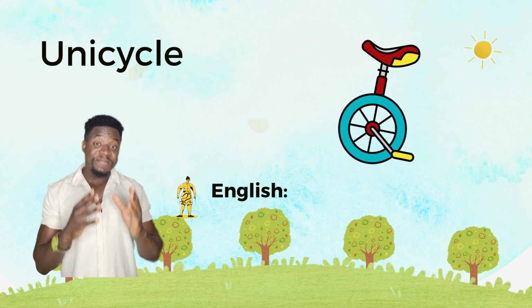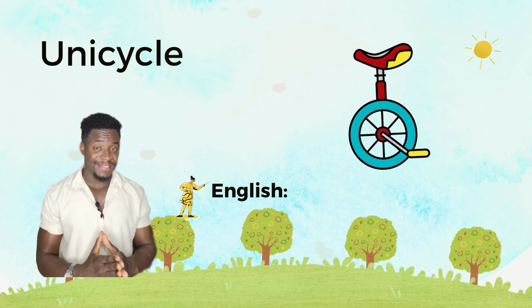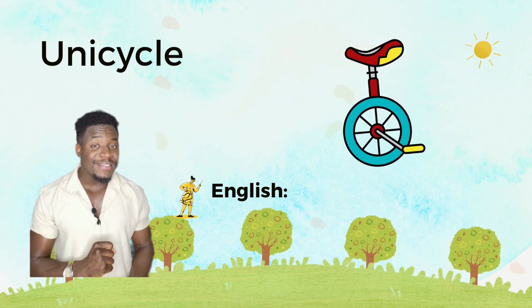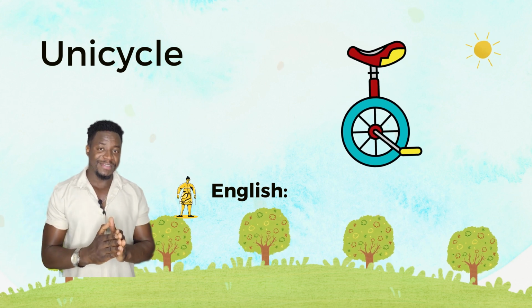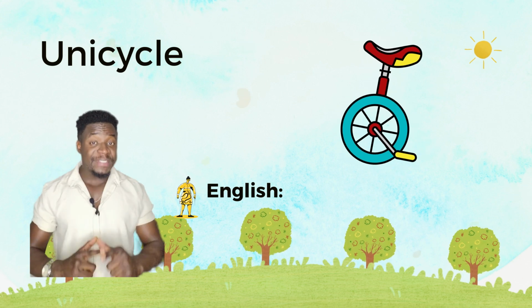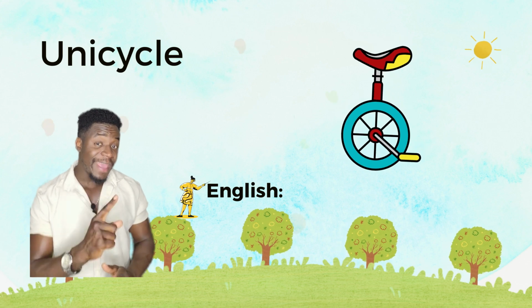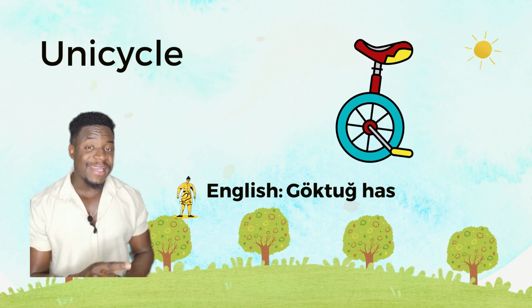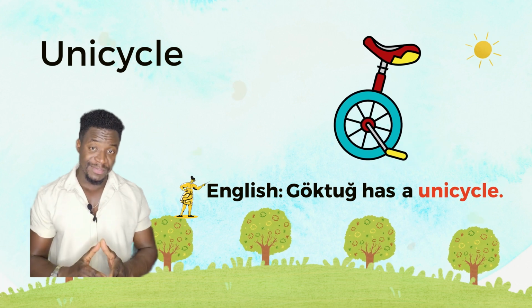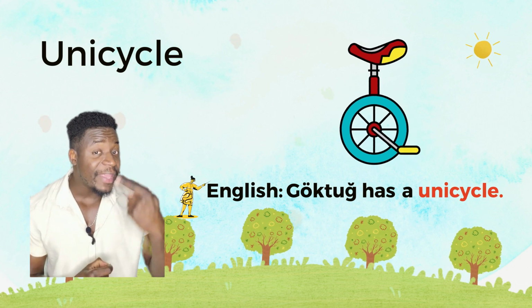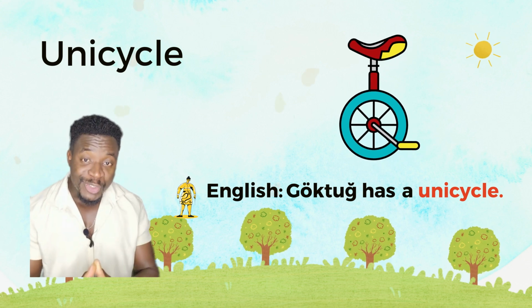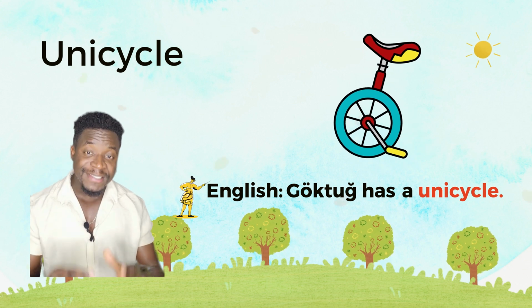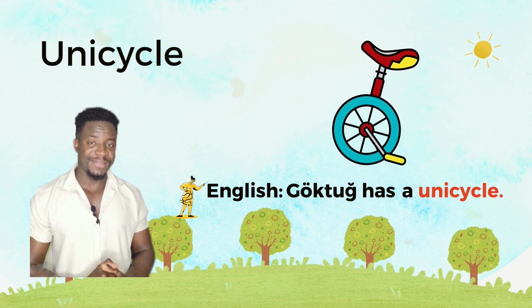Now, let's make an example sentence using the word unicycle. An example sentence is, Göktuğ has a unicycle. Let's repeat. Göktuğ has a unicycle.